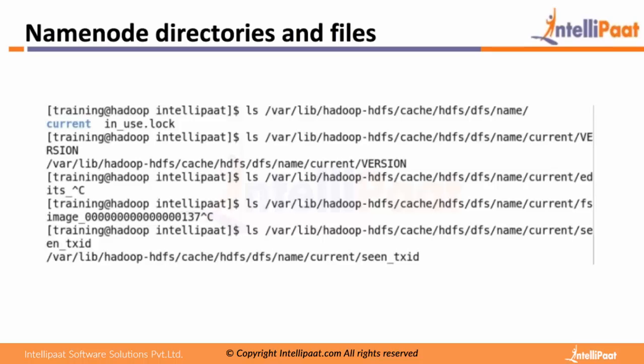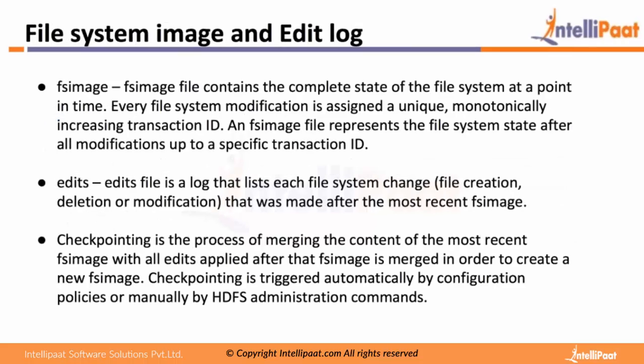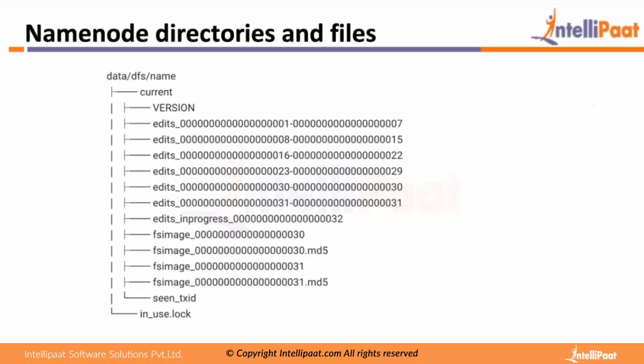You can just go and say ls and you can see all these directories. To understand better, I have created it as a tree structure. So inside dfs/name, you have one folder and one file.